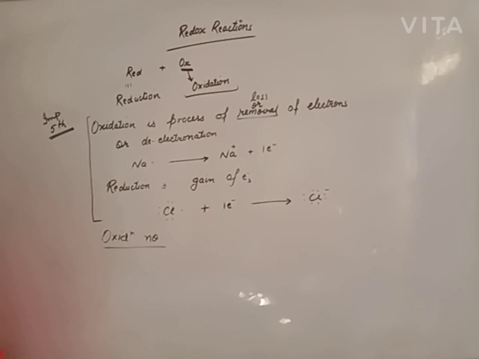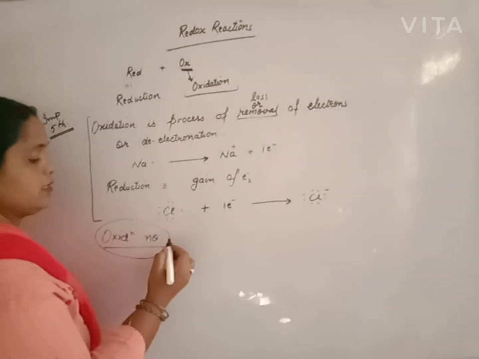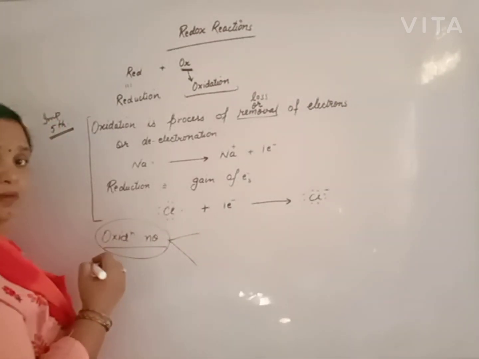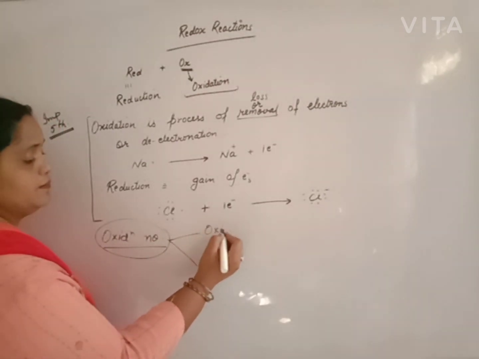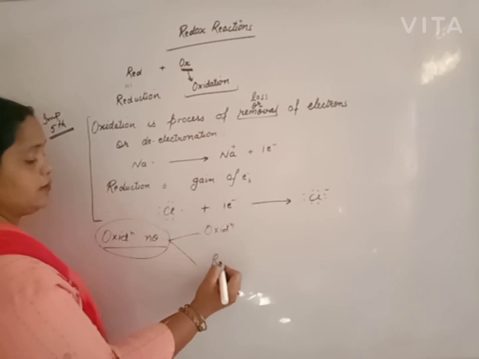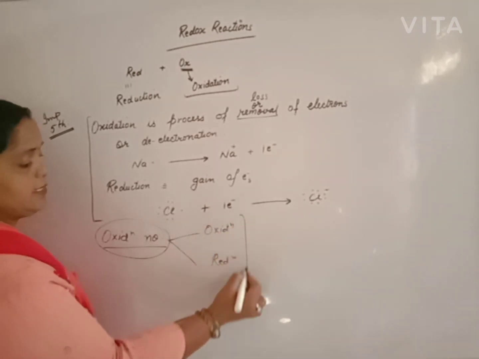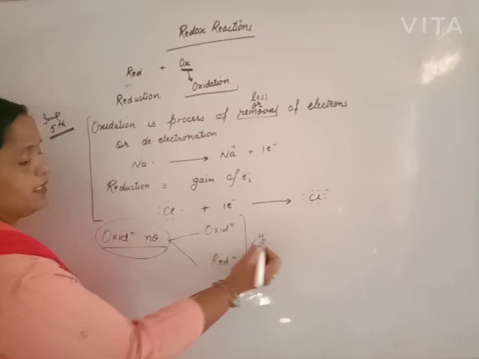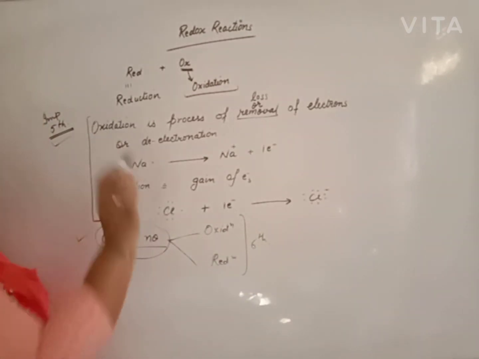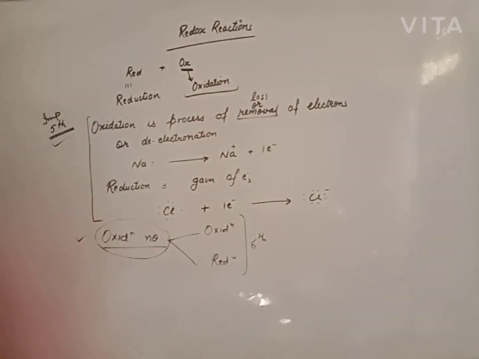After understanding these rules, we can calculate the oxidation number of each and every element. On the basis of this oxidation number, we will again define oxidation and reduction. It is the 6th definition. This 5th and 6th definition are both important, and you will use these definitions a number of times. Thank you.